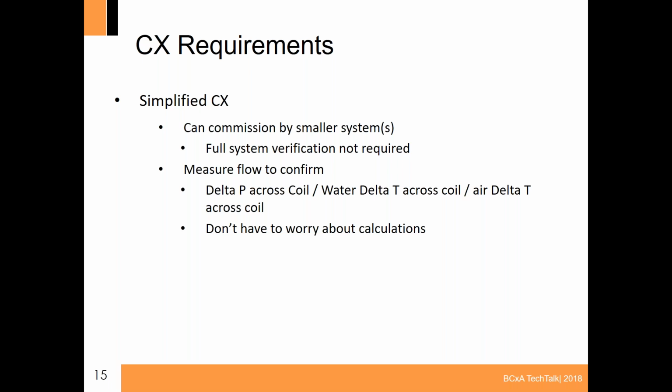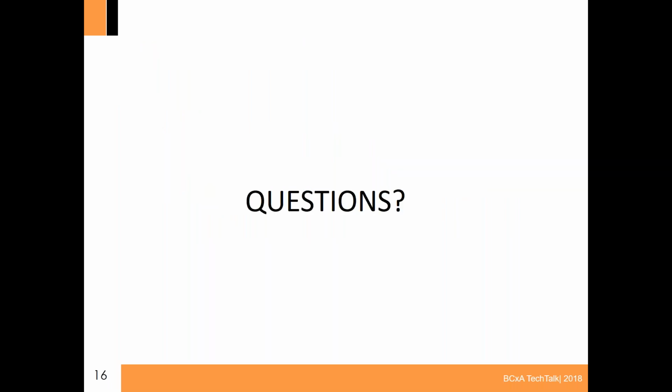The other thing is not having to worry about all of the calculations, seeing what pressure dropped, going to the chart, making sure that everything's set. It's a little bit easier on the commissioning side of things.